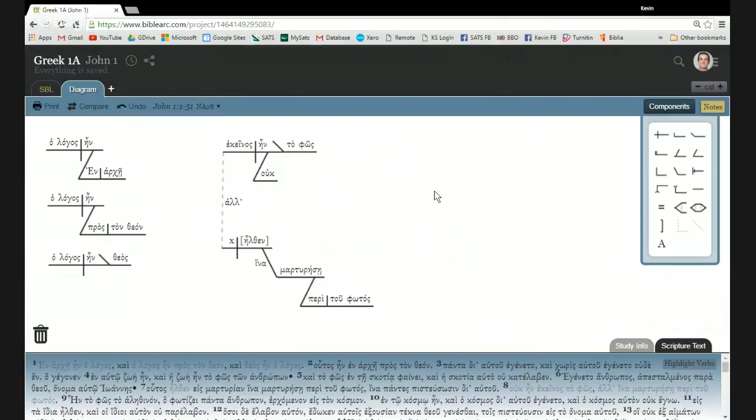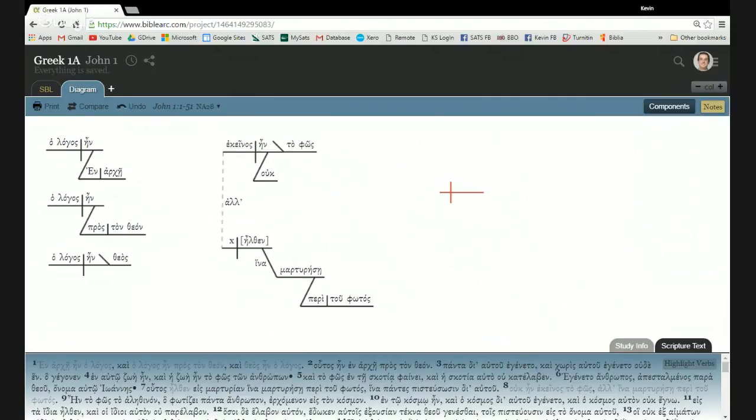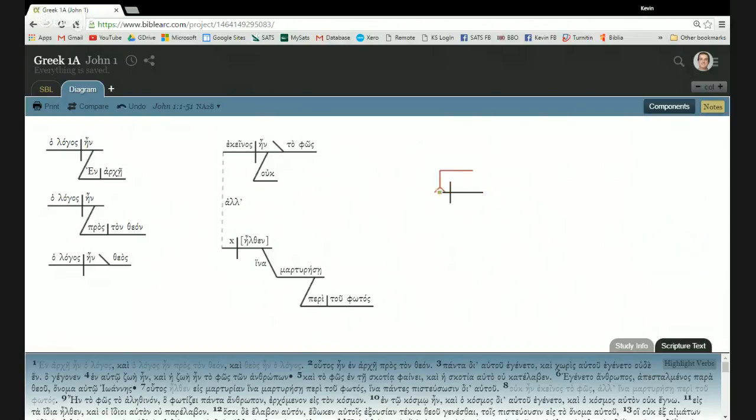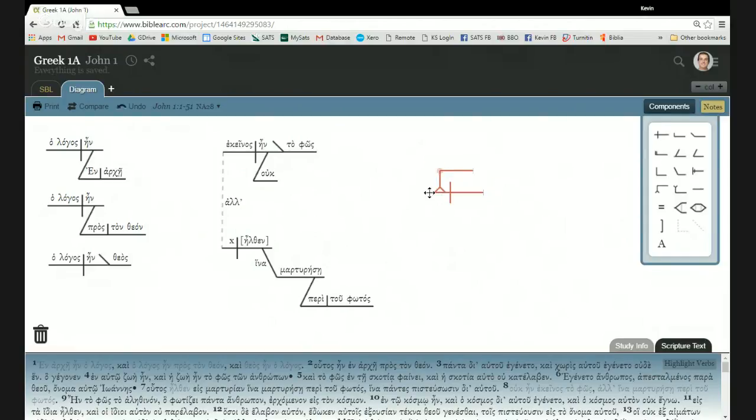Yeah, what they tend to do, if you had a phrase functioning as a subject, just for the sake of the diagramming, we'll do this. If I had a phrase attached, and let's say that phrase was occupying the subject position, they would diagram it this way.